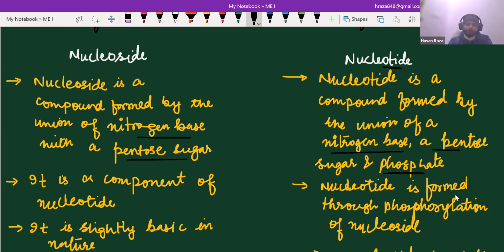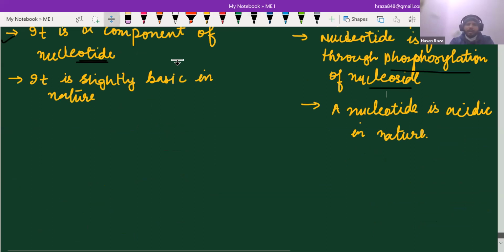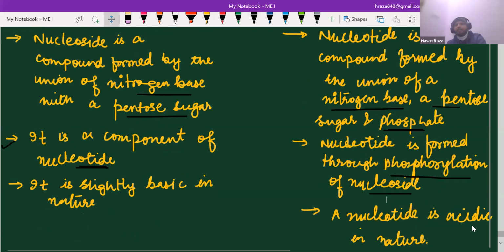Nucleoside is a component of nucleotide, and nucleotide is formed through phosphorylation of nucleoside. If you react this nucleoside with phosphorus, and there is phosphorylation like acylation, alkylation, then nucleotide will form. The nucleoside is slightly basic in nature, and the nucleotide is slightly acidic in nature.